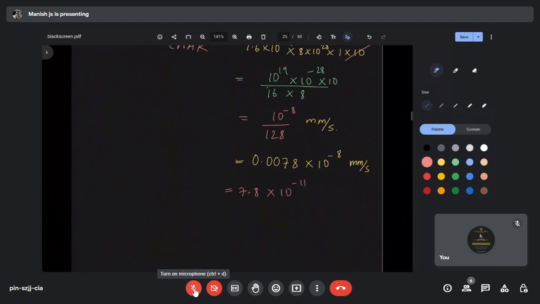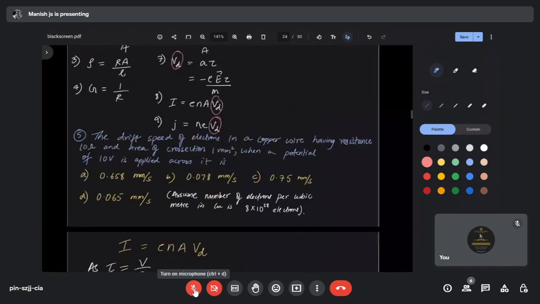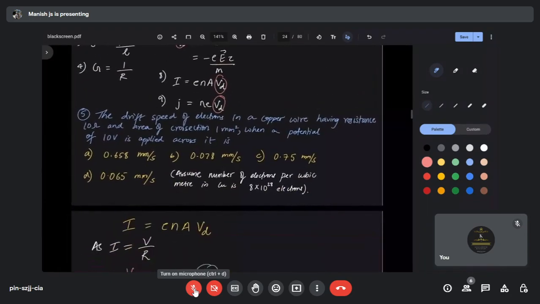So 7.8 into 10 power minus 11. So here 0.078 is what is close, isn't it? If you go by the elimination method with the options, you can see that 0.078 is close. So answer is option B, the closest value. That's what we have. Okay.